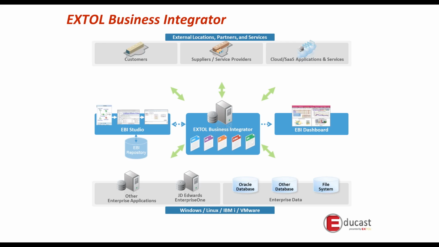It includes process automation, adapters for external communication and internal resource integration, and powerful data transformation support for EDI, XML, database, flat file, and spreadsheet data. It comes with all the components that you need for business integration, including the EBI Studio, which you see on the left, and the EBI dashboard on the right.